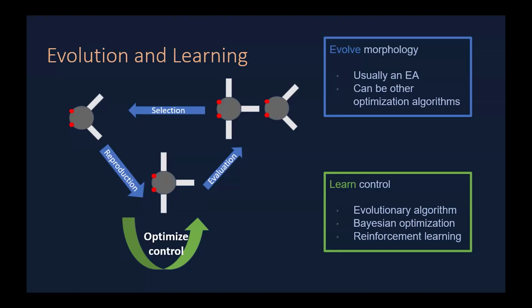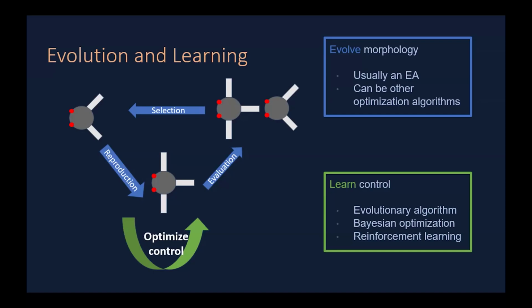Yes, okay. So let's say these parts of this robot are actuators that are controlled by a neural network. In the optimization loop, you just fix the morphology, it will stay the same, and then you only optimize the control.